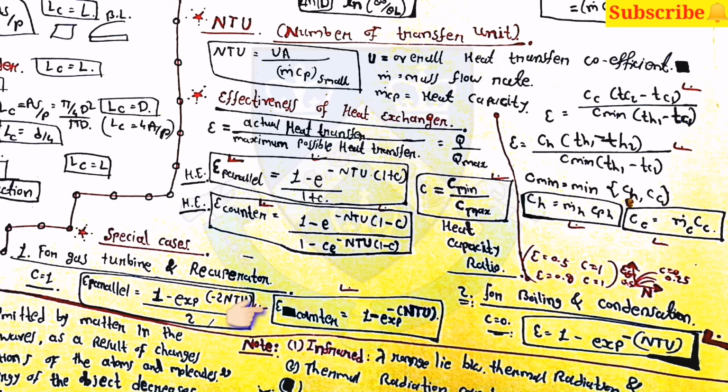Then epsilon of counter is equal to 1 minus exponential of minus NTU. Here note that for gas turbine and recuperator C is equal to 1. Then the second case is for boiling and condensation, where C is equal to 0 and epsilon is equal to 1 minus exponential raised to minus NTU.